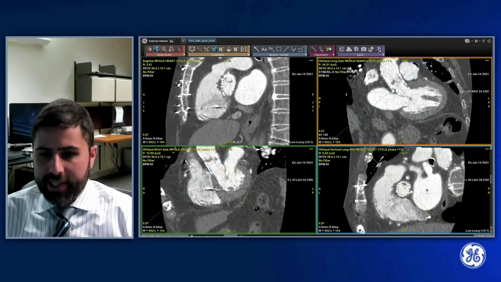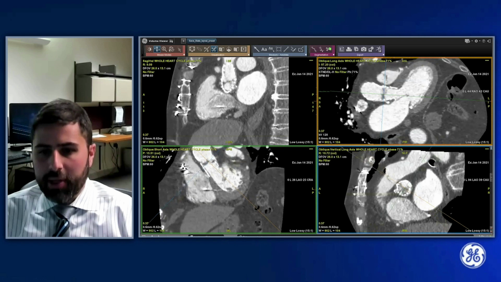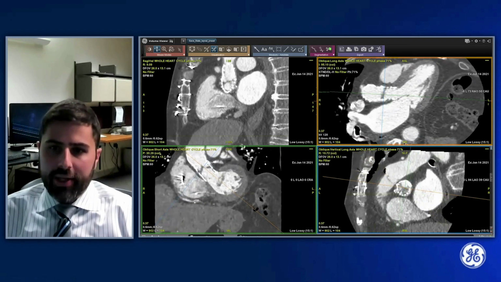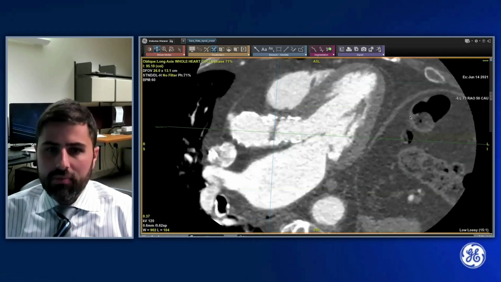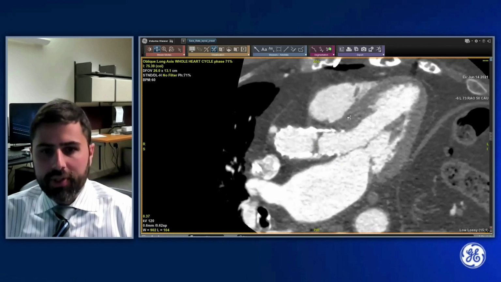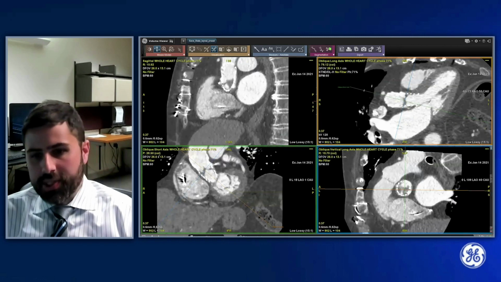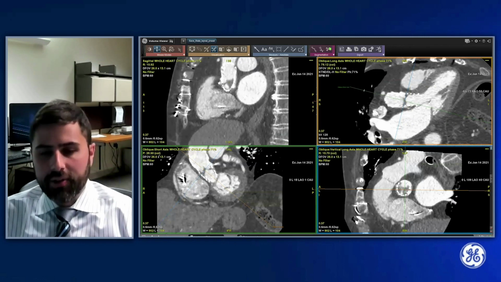If we go back down to the valve and pan around, we can pan to the right coronary cusp, where we again can see the thickening on that leaflet as well, which is shown on the top here. Also consistent with HALT involving that leaflet.